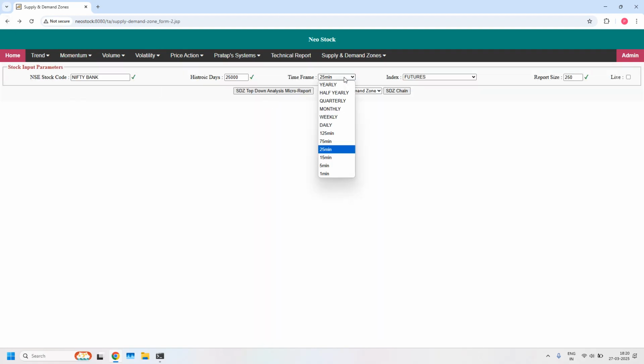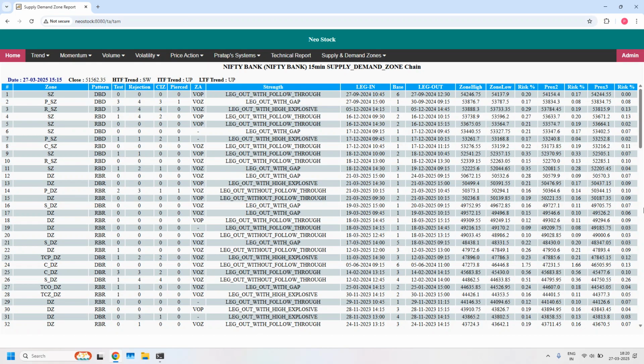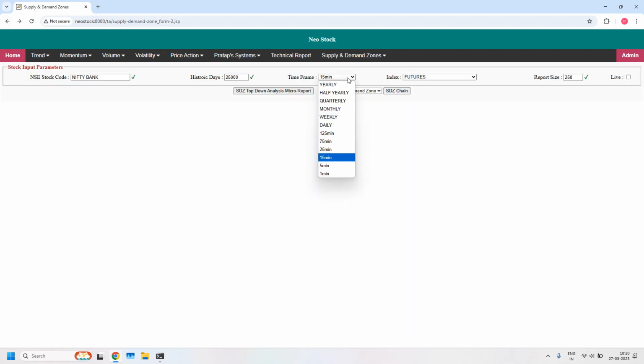Next, generating the 15-minute supply demand zone chain for Bank Nifty. Next, generating the 5-minute supply demand zone chain for Bank Nifty.